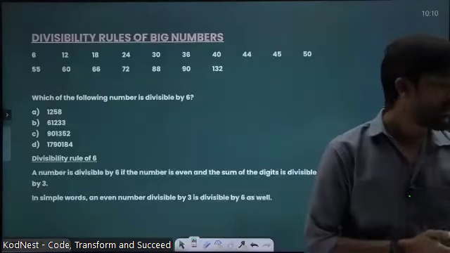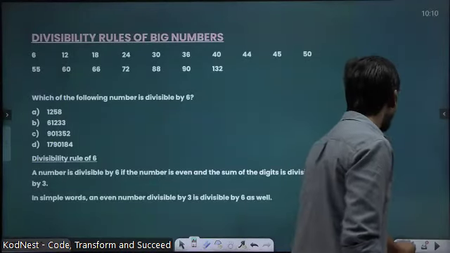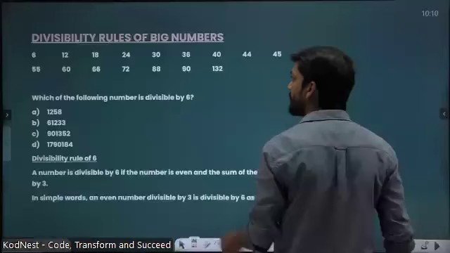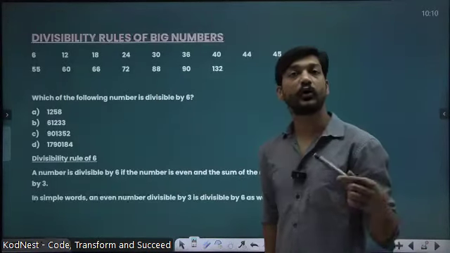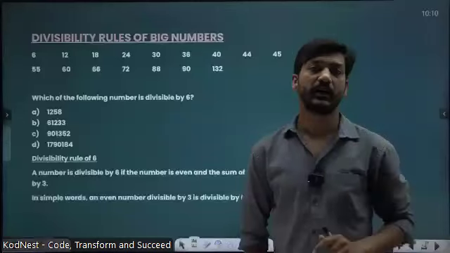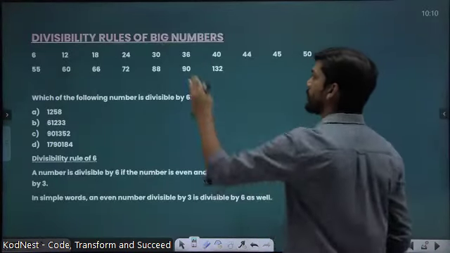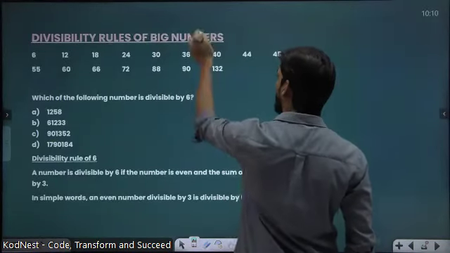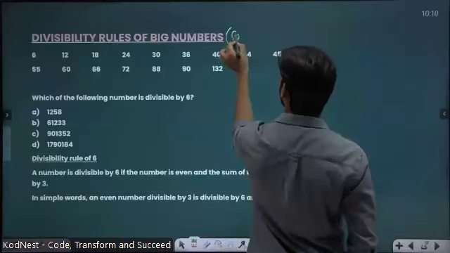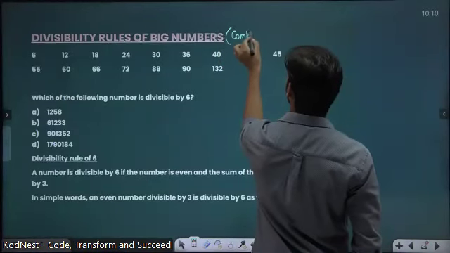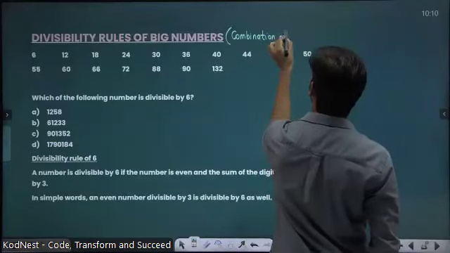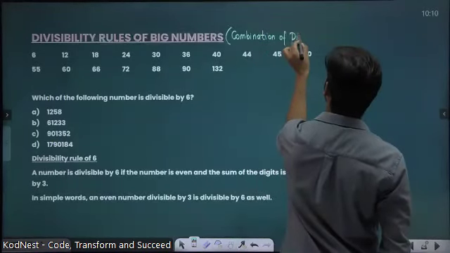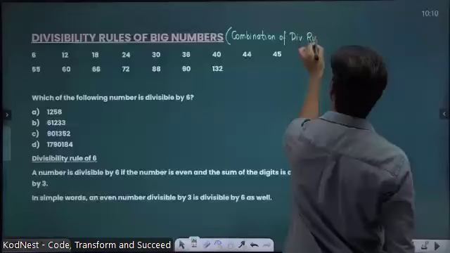If I tell you in brief the divisibility rules of these numbers, I can say that you already know them. Just one idea I need to give you. The divisibility rules of big numbers will be a combination of divisibility rules we have already discussed.